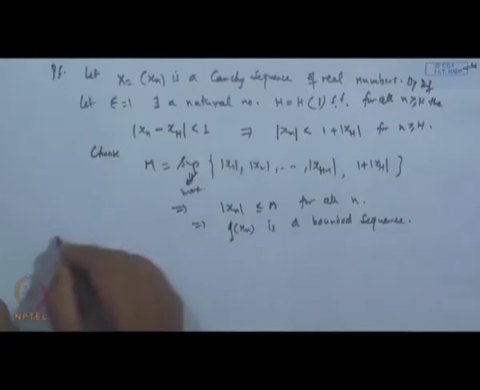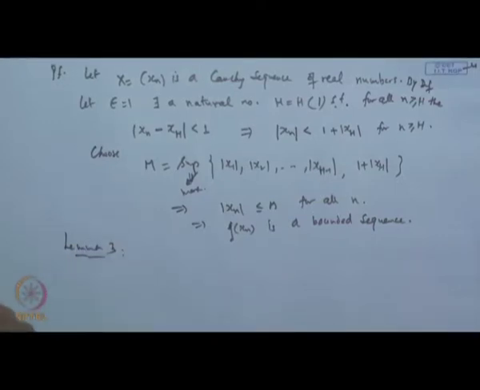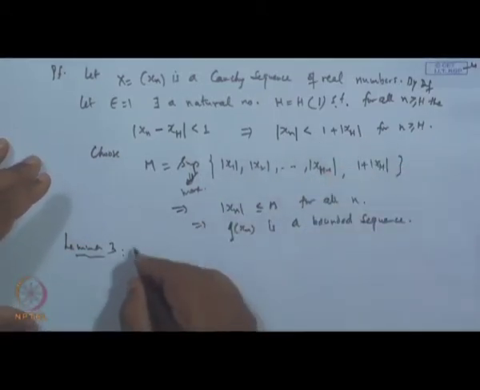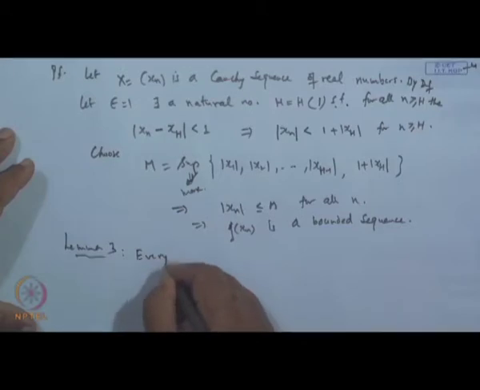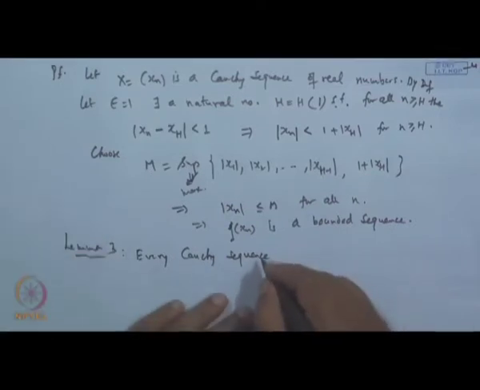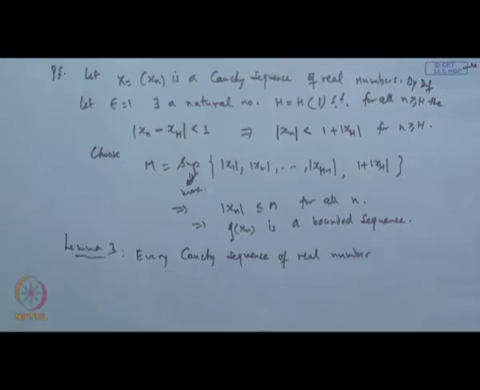So, what lemma 3 says is: every Cauchy sequence of real numbers is convergent.